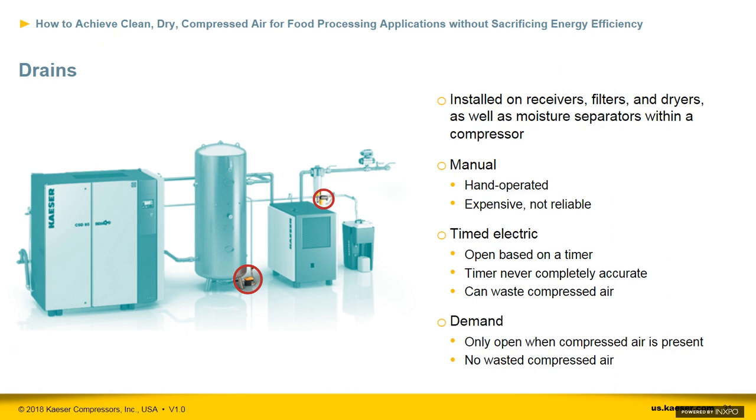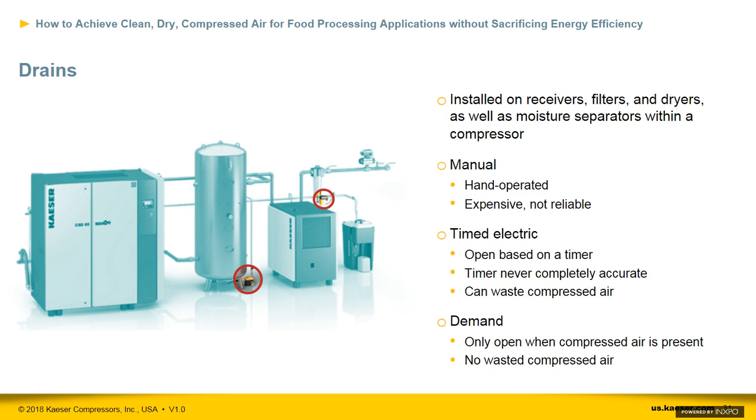So, bottom line, the best option would be a demand-operated drain. That type of drain is a bit more expensive. However, it only discharges when moisture is present, so the compressed air is not wasted. Also, some drains have additional contacts that can be connected to a system master control or to plant controls that would signal when there is an alarm.